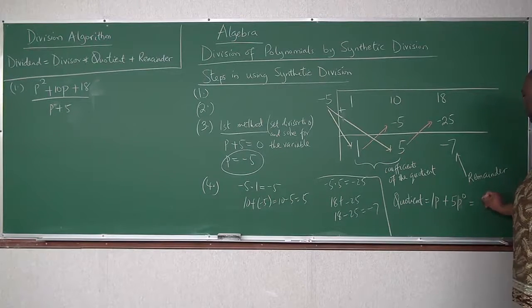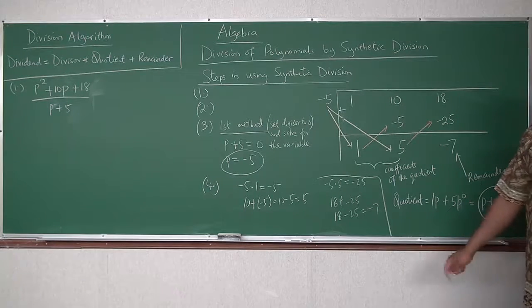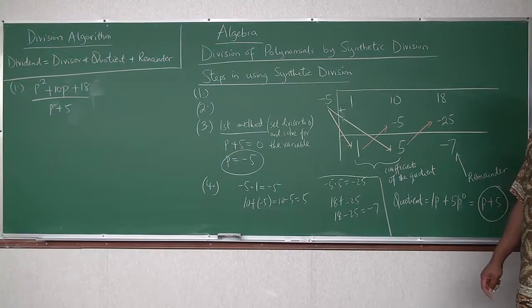So the quotient is just p plus 5. Remainder is -7. That's it.